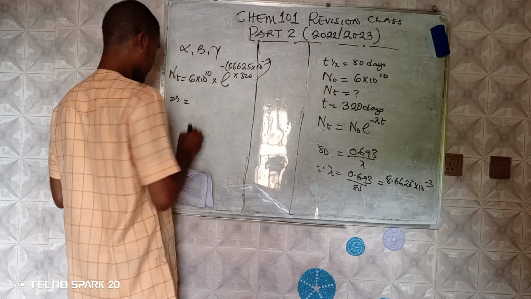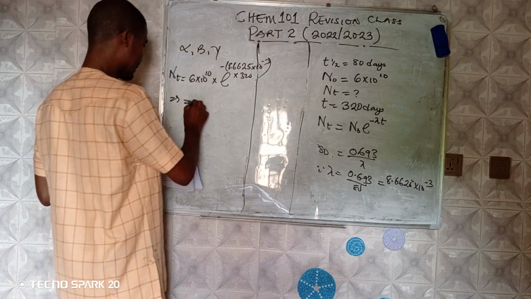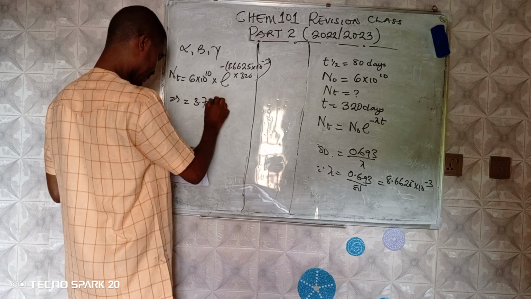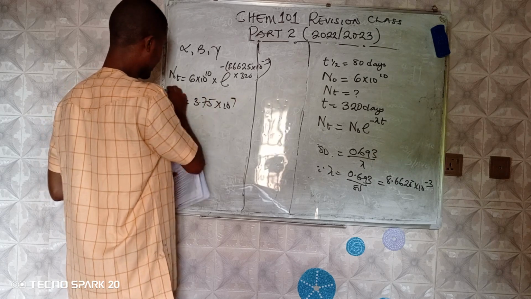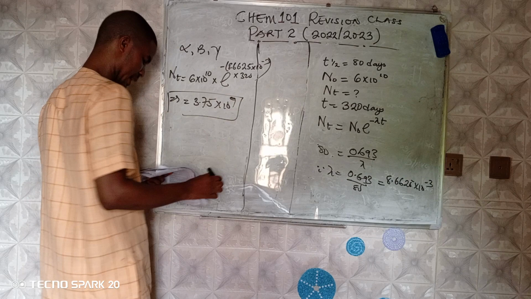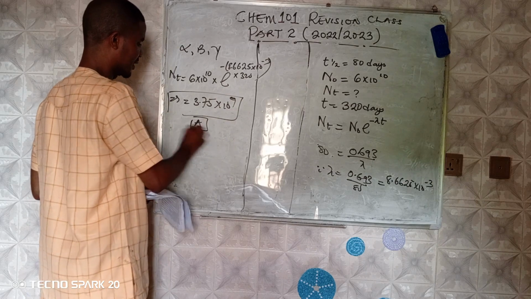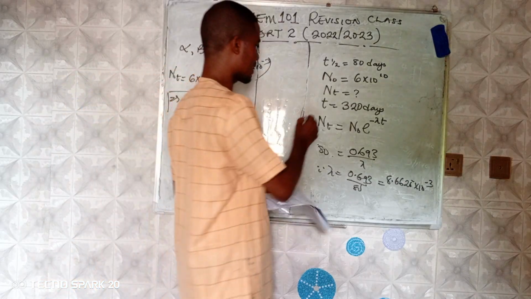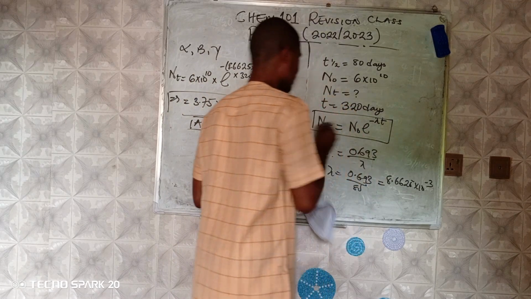If you do that calculation well, you'll get 3.75 times 10 raised to power 9, and that is option A. So this is how to calculate half-life. This is the most important formula here.